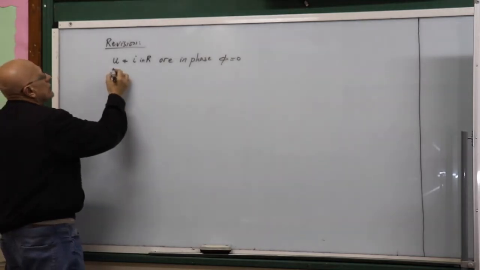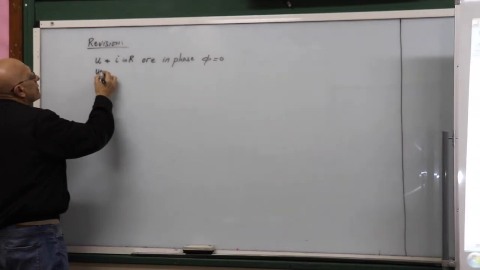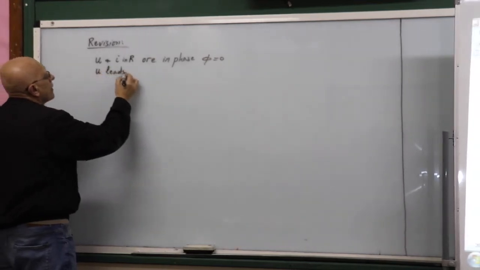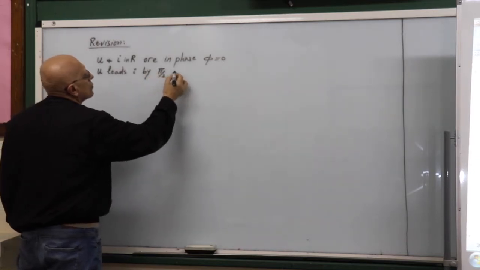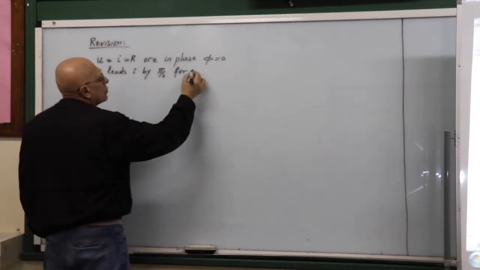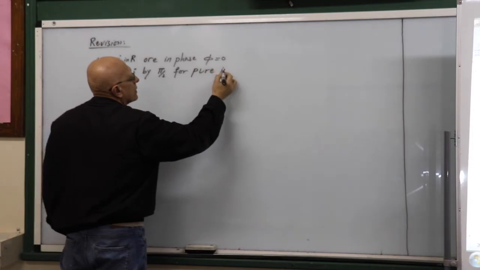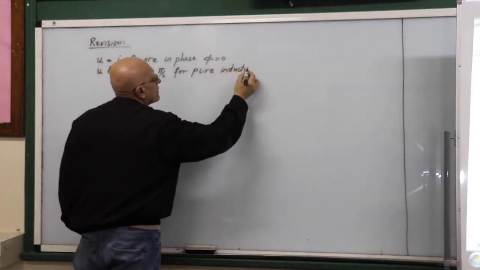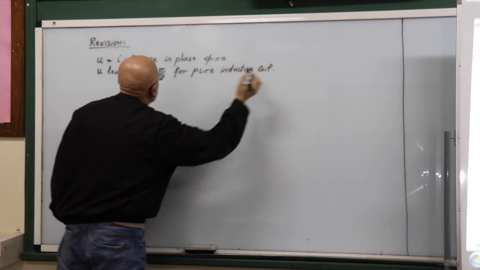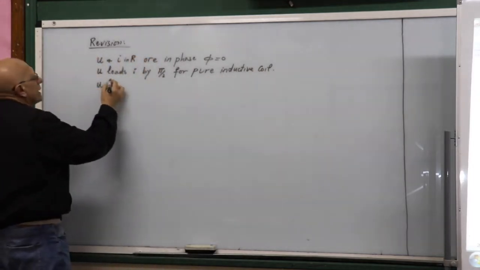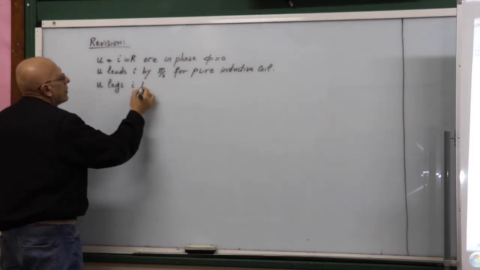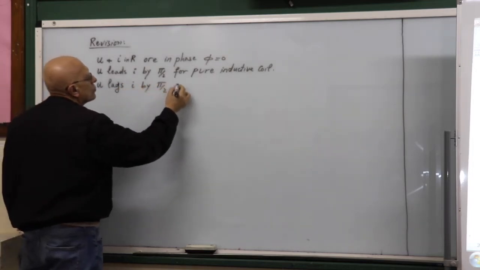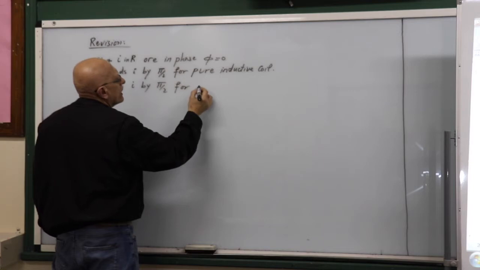Also, we studied that U leads I by pi over 2 for a pure inductive coil, and U lags I by pi over 2 for a capacitor.